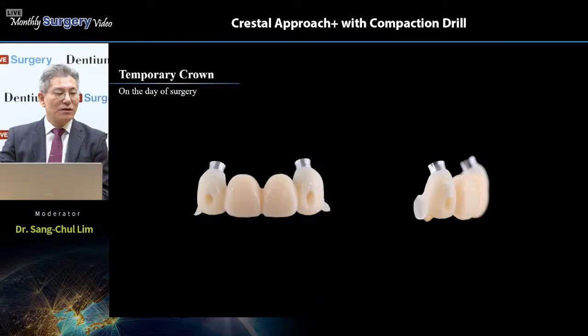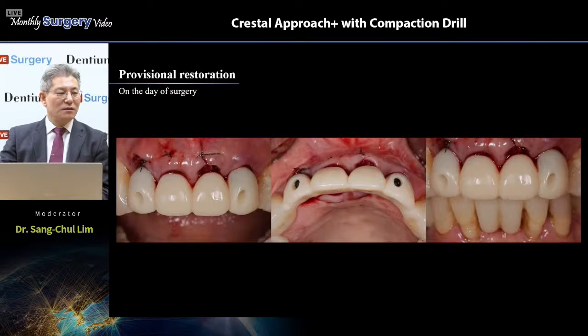And this one is the temporary crown on the same day of surgery, right? So this PMMA temporary crown with wings attached to the neighboring natural teeth has the screw hole open on the labial side, using a digital abutment.